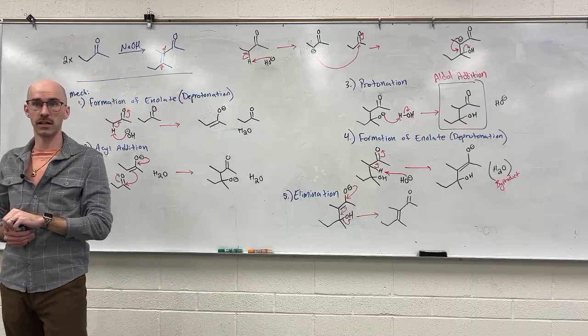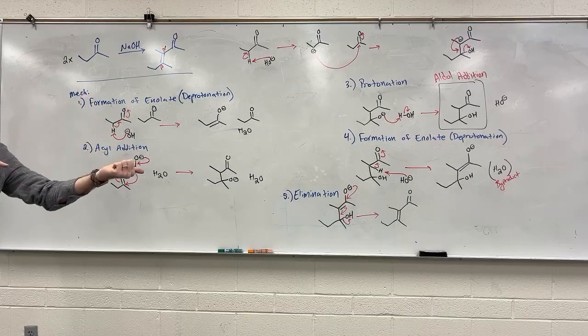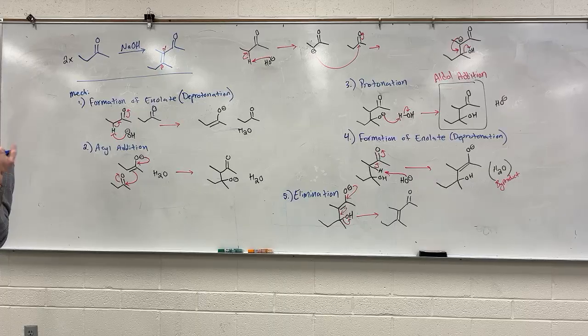Do you guys remember in OChem 1, how often was OH minus a good leaving group? How often did we kick off OH minus? Not once. This is the first time that you've ever seen a molecule kick off an OH group. It is not easy to do.